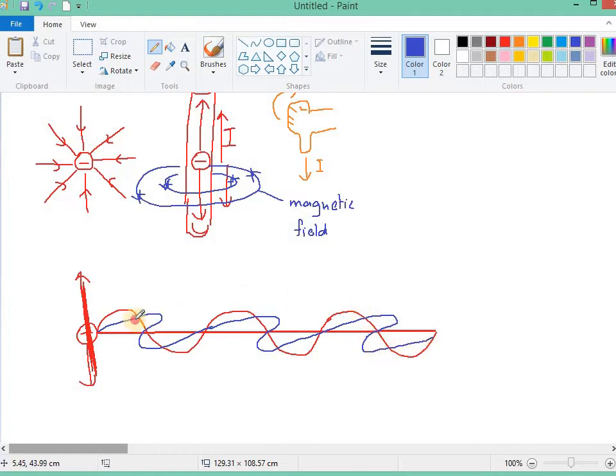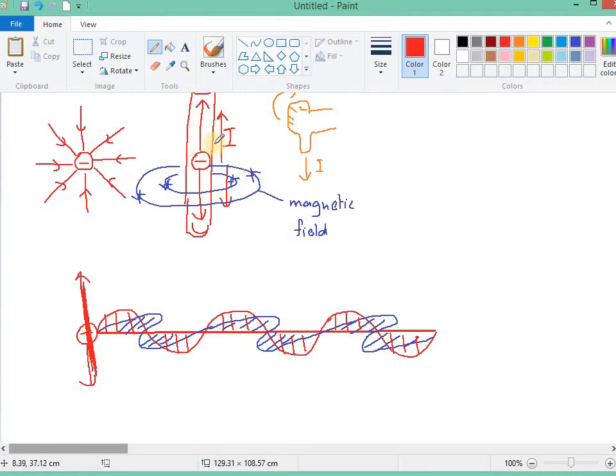And you see the magnetic field oscillate at right angle with the direction of oscillation of the electric field. You see or not? They are perpendicular to each other. You can see from here also.